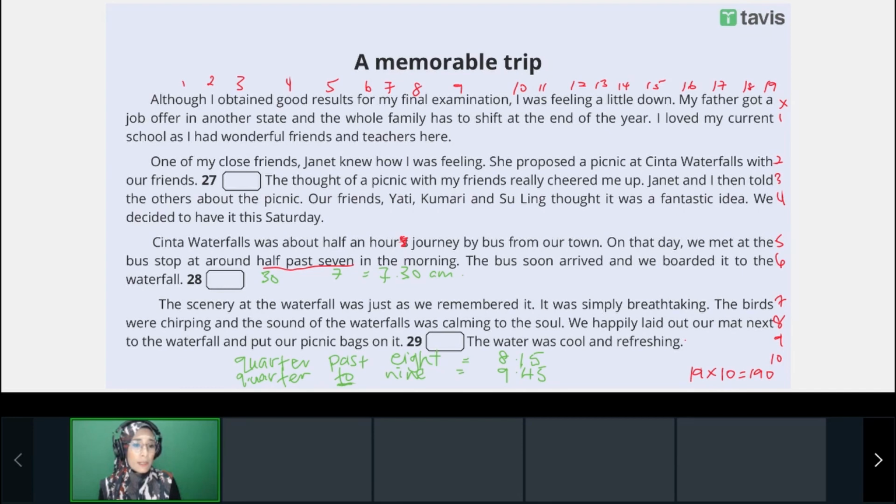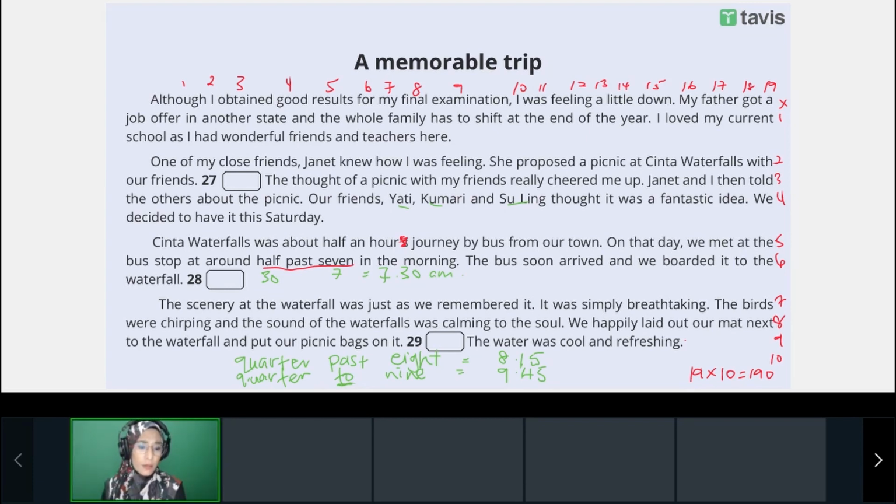Therefore, Janet, the friend of the writer, wanted to have some fun. So Janet decided to propose going to a waterfall with their friends. Who are their friends? Yati, Kumari, and Suling. So there are five of them, or there were five of them.